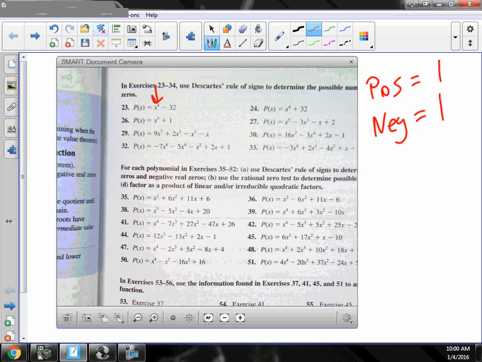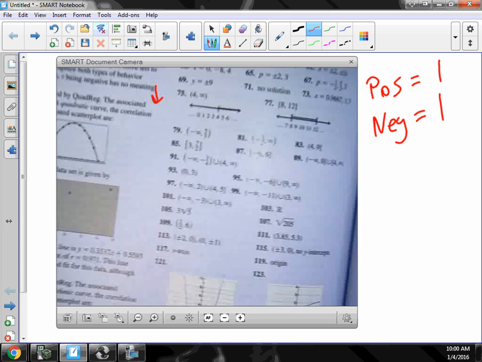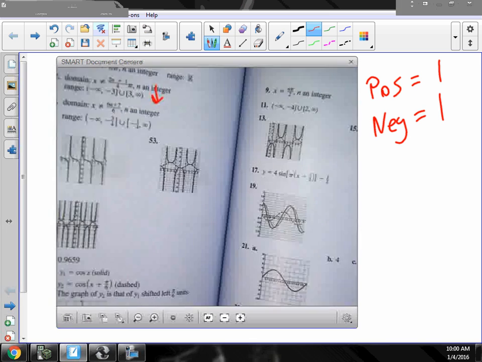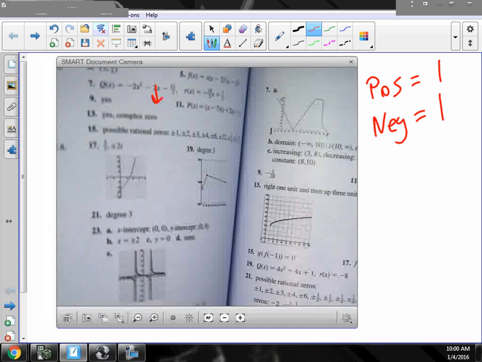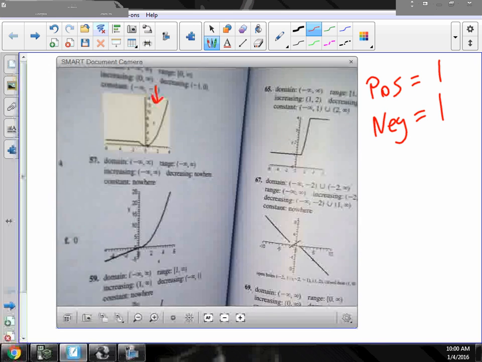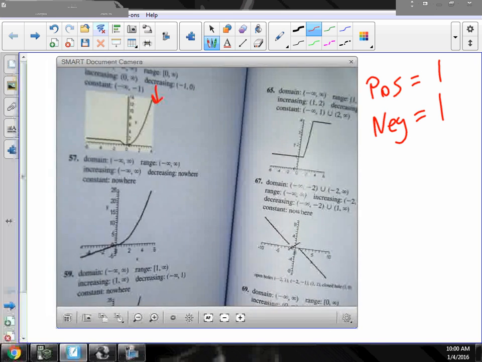Well, let's do it this way. So flip back. What section are we on? 2.4.